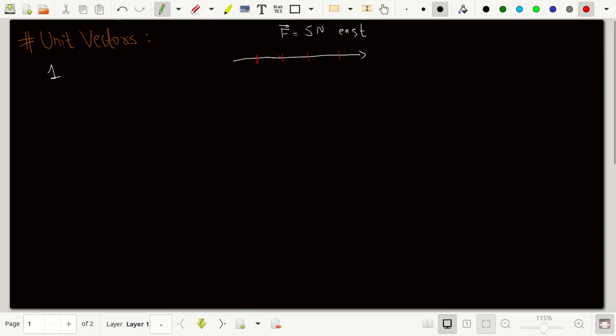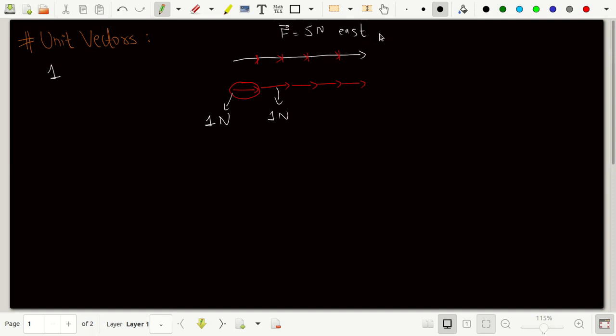Each small separated part, if I redraw it, will give back the same big vector. So these individual small vectors are nothing but 1 newton each, and each has a certain direction.